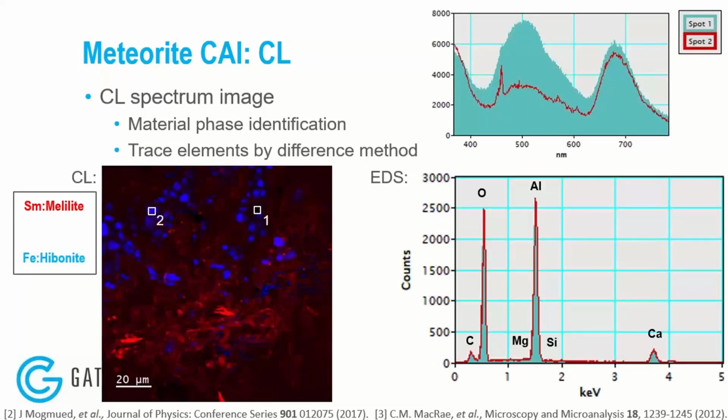We can look at spectra from two regions of hibonite and see again the EDS spectra nearly match. They're almost completely identical, whereas the CL spectra tend to vary, especially around 460, where you can see the influence of a large peak at spot 2.